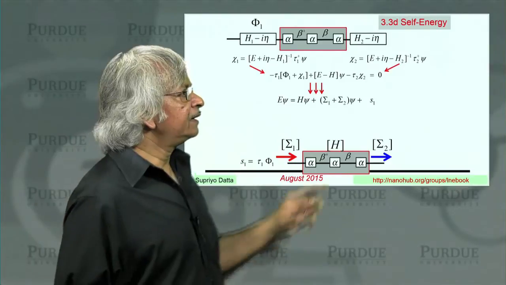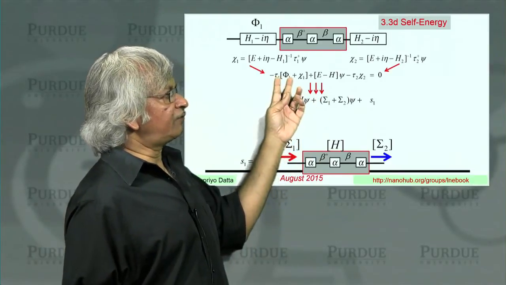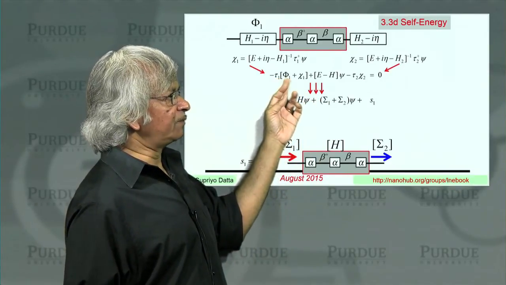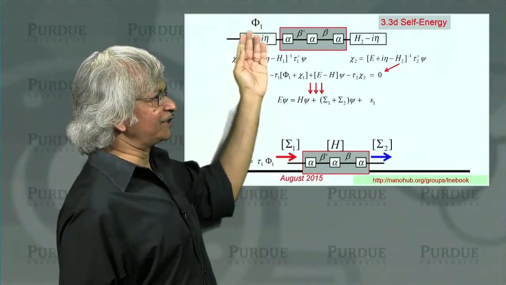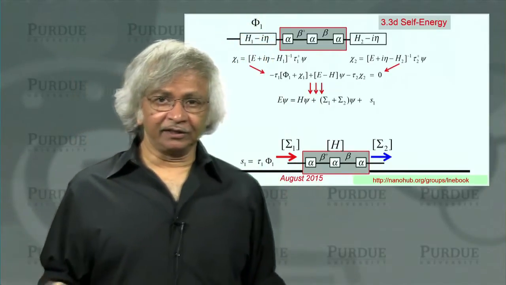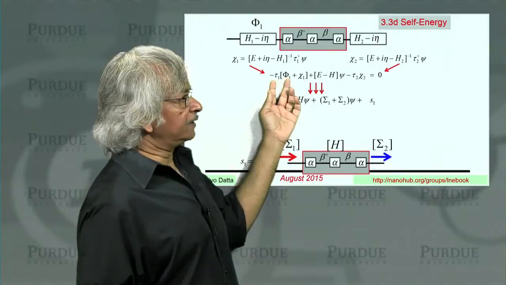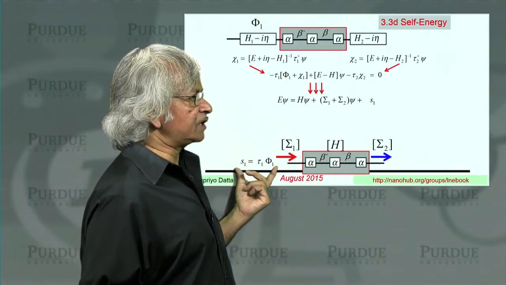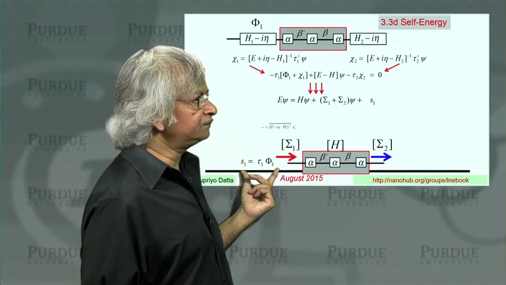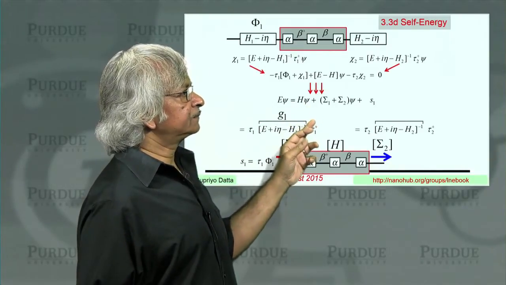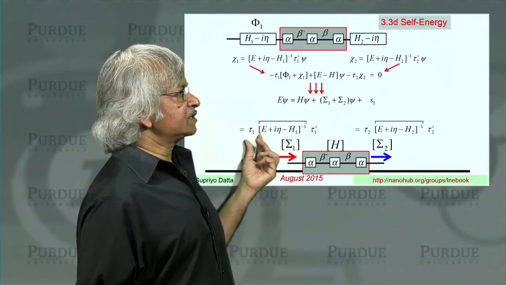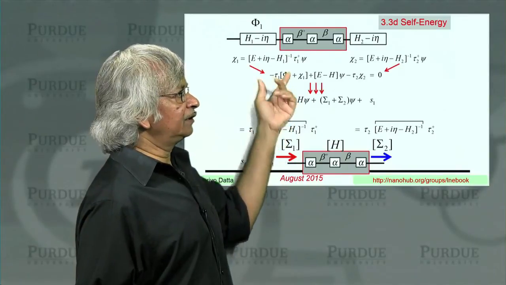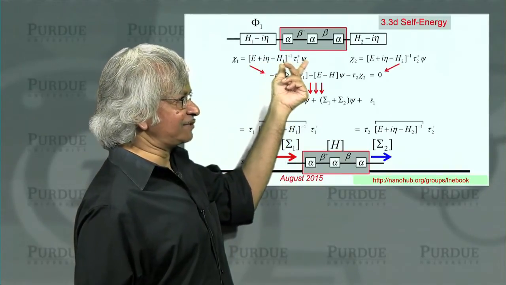And this tau 1 phi 1, remember phi 1 was the initial wave function in this contact before you connected anything. And so tau 1 times that, that's this source term, S1. So S1 is equal to tau 1 phi 1. And the sigma 1 is tau 1 times this inverse times tau 1 dagger.